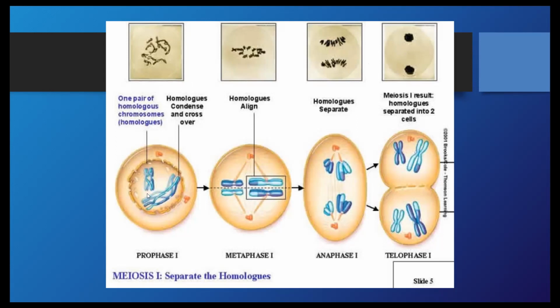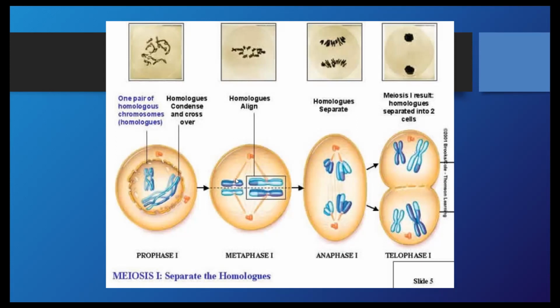If you look at prophase 1, it is scattered, but the centrioles are moving to the opposite sides. The centrioles are here, moving to opposite sides. Now in metaphase 1, they are actually aligned in the equator.